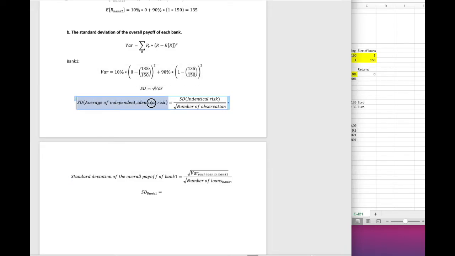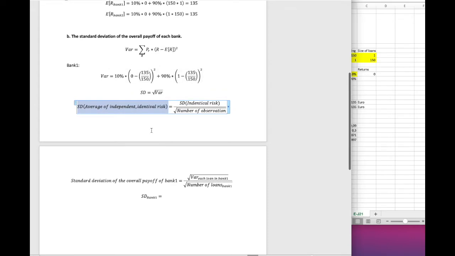Then we have the standard deviation of the independent loans with identical risk.